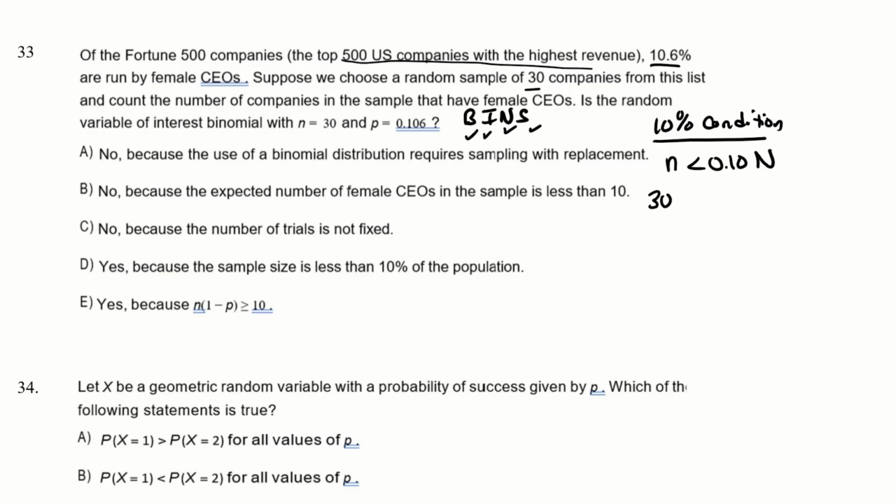There's a lot of people in those companies. If there's just 100 people in each, which is really small, that's already 50,000 people. So 30 is definitely way less than 10% of the population.